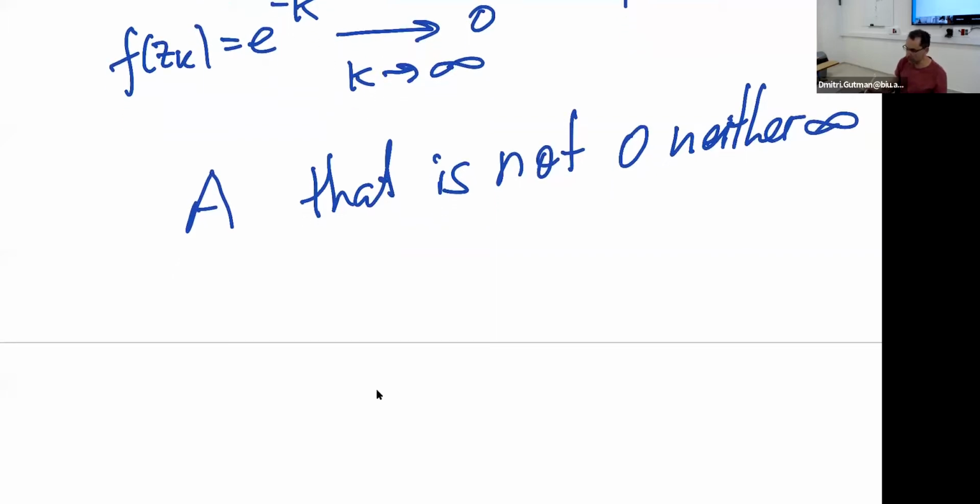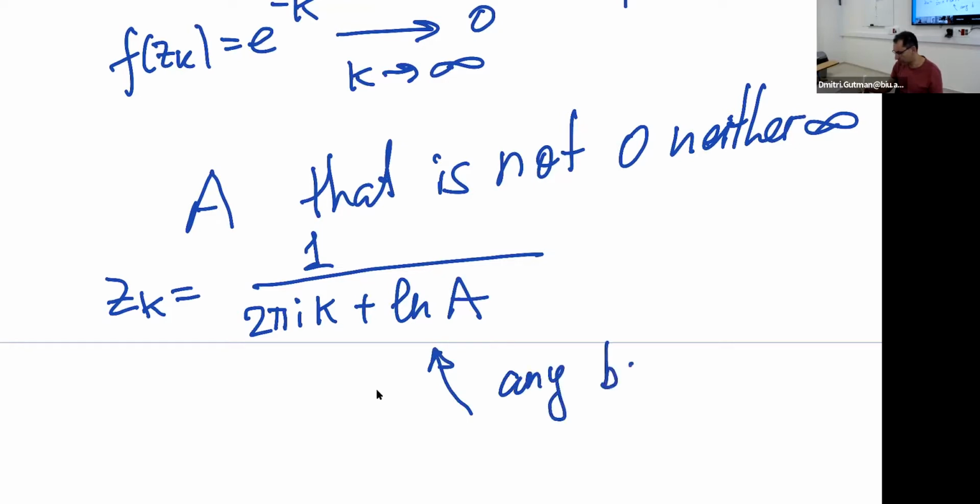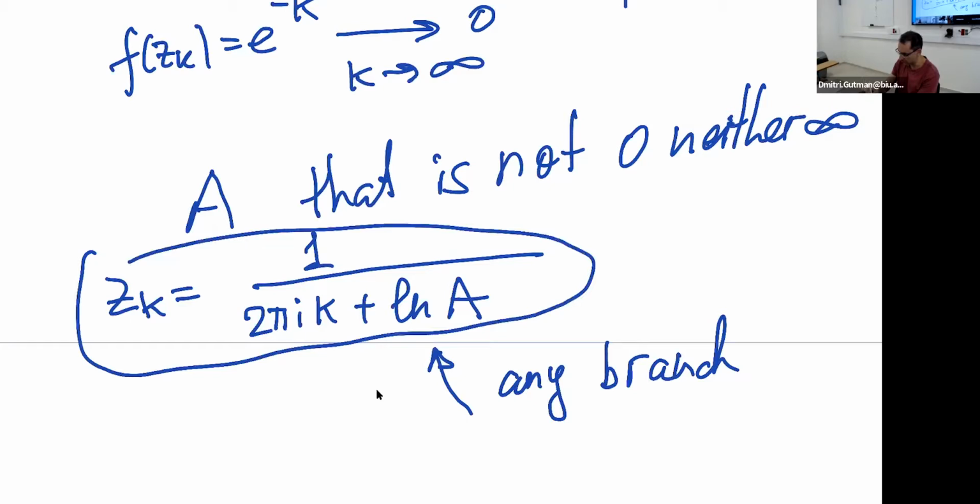So in this case, let me choose a series of points zk being equal to 1 over 2 pi i k plus logarithm of a, where logarithm is any branch of it. I'm picking any branch of logarithm, and I constructed this series of points.